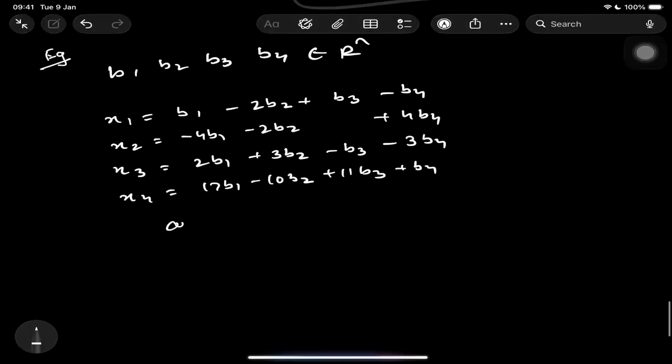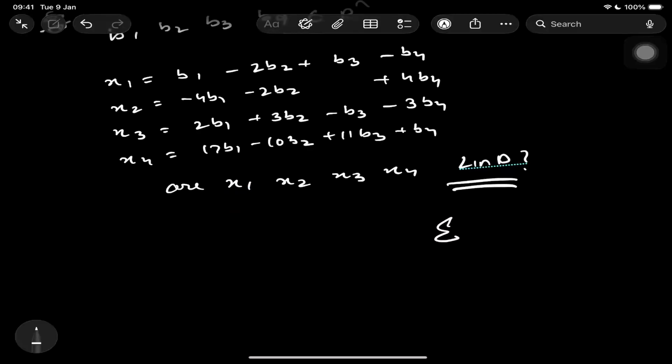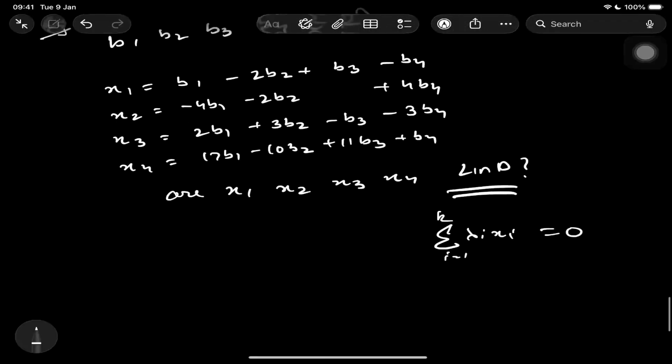So the question is, are x1, x2, x3, x4 linearly independent? Again, I'll write the condition: summation of lambda i xi equals 0, i equals 1 till k. So this was the condition. Now let's check. First I'll just write down my matrix.